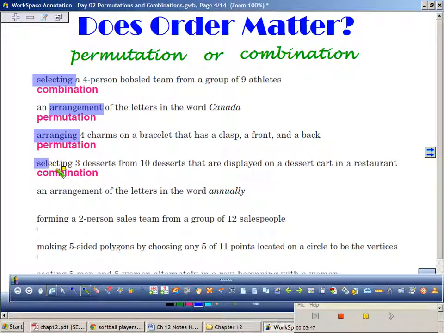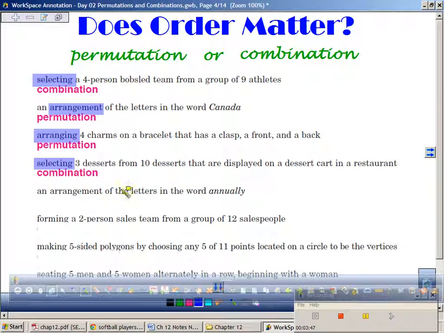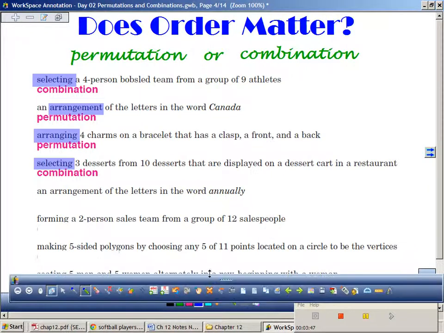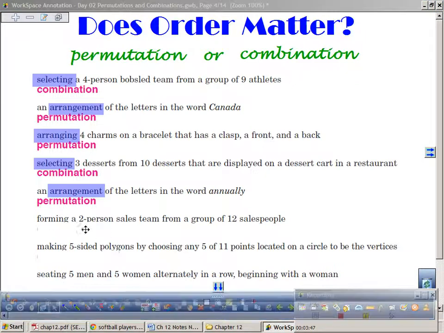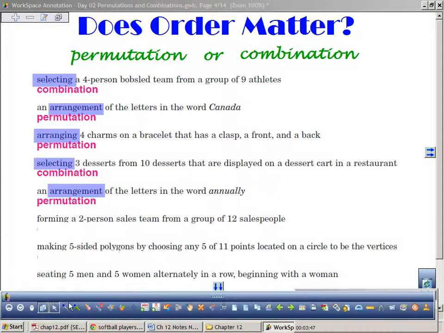Keyword there was selecting. An arrangement of letters in the word annually. Again, arrangement would hint to permutation. Forming a 2-person sales team from a group of 12 salespeople.